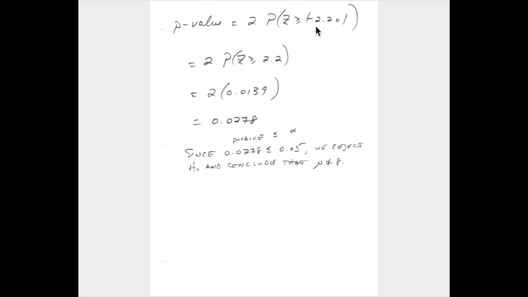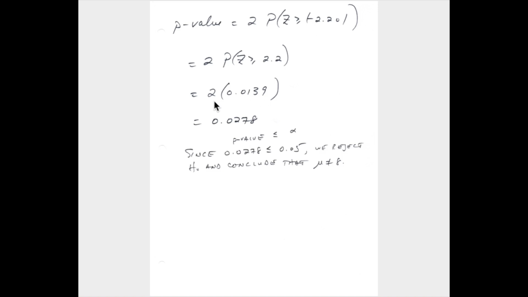So the absolute value of negative 2.2, which is positive 2.2, right? And so this is 2 times the probability that the standard normal random variable Z is greater than or equal to 2.2. And you can look this up in the standard normal table, all right? This probability is 0.0139.